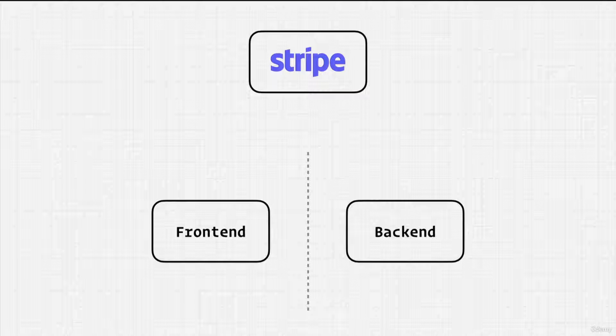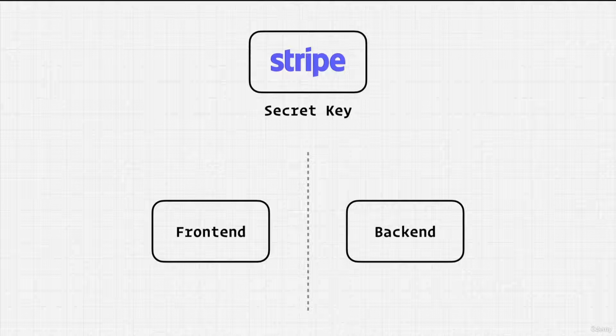This is a very key concept when it comes to using any external third-party applications that provide a service to our application. In our particular case, Stripe provides the payment service, which is what we want to leverage inside of our app. The way that Stripe can identify our application is that it provisions us a secret key. But the key word here is that it's a secret.